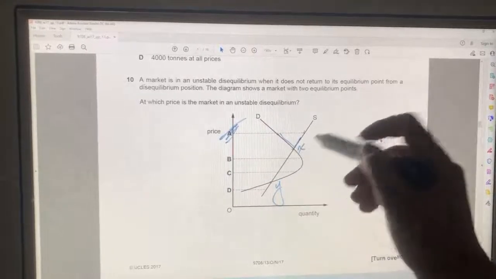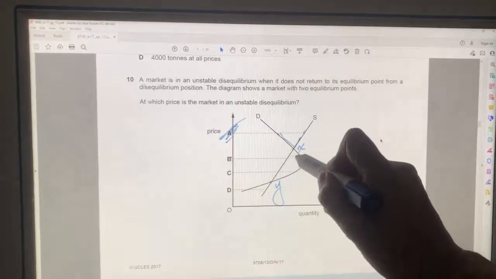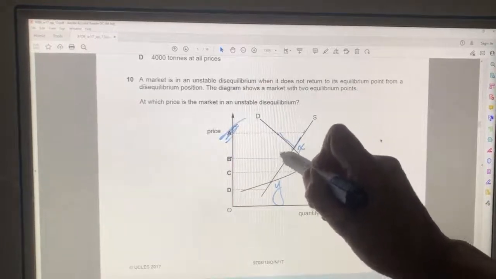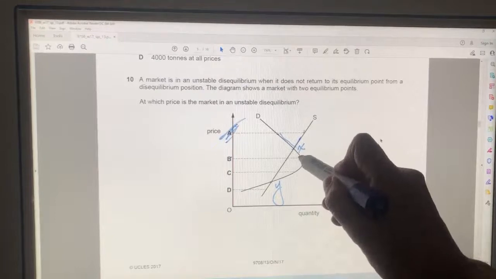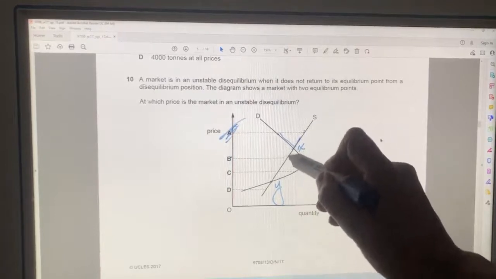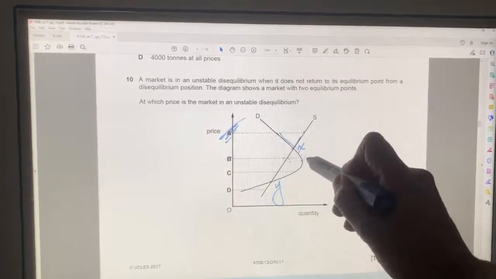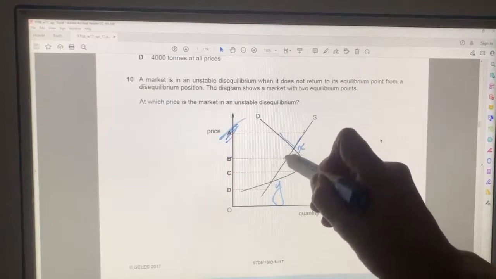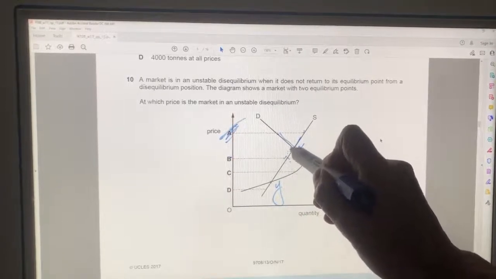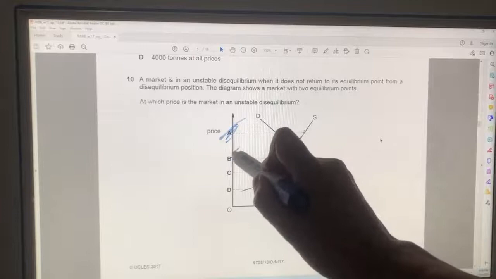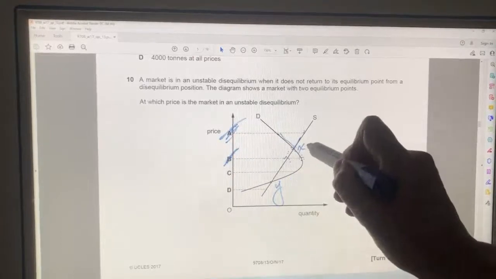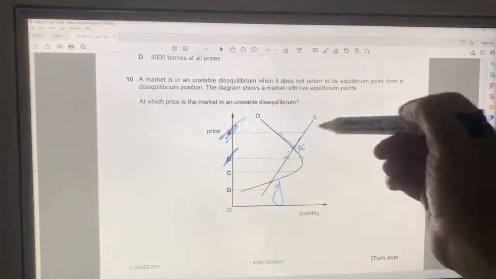B can easily move to X, right? Supply is less than demand because the price is low, so producers can raise their prices and demand will decrease, and B can return to equilibrium X.